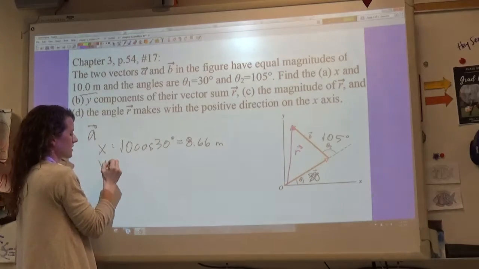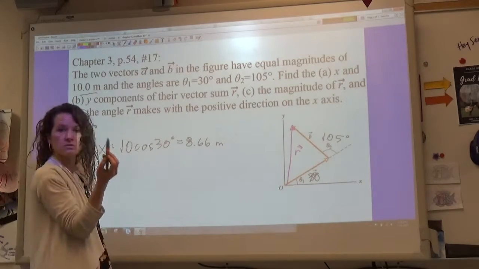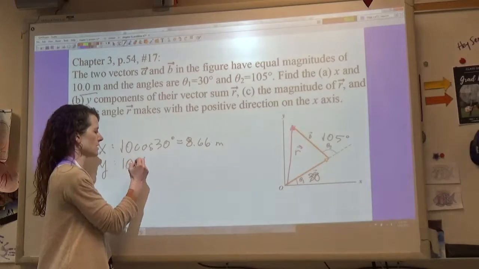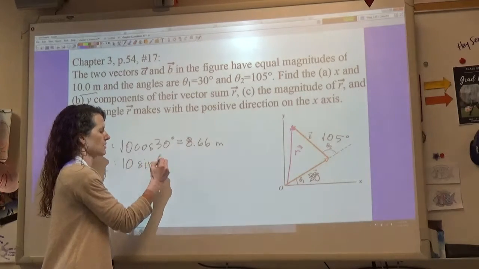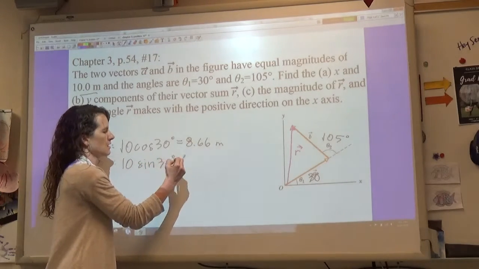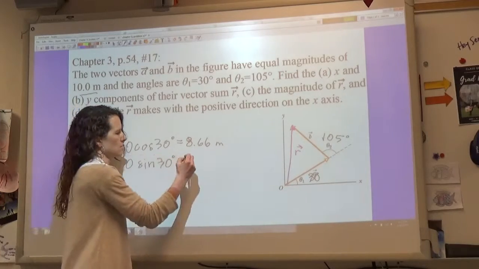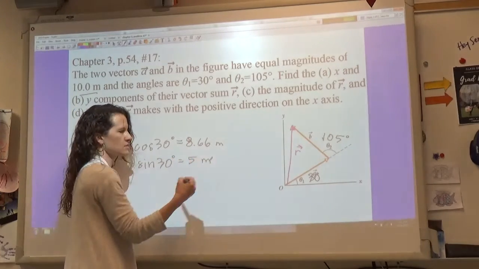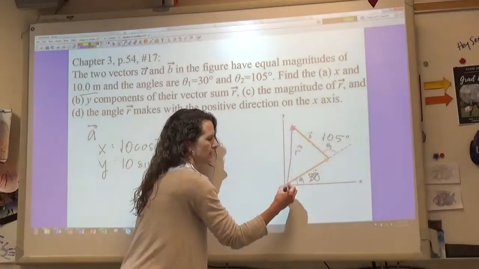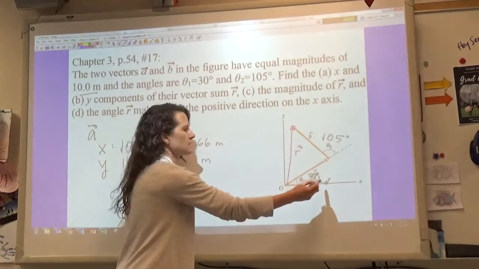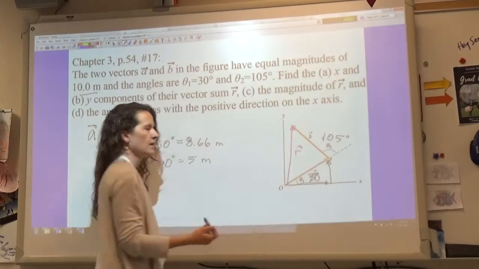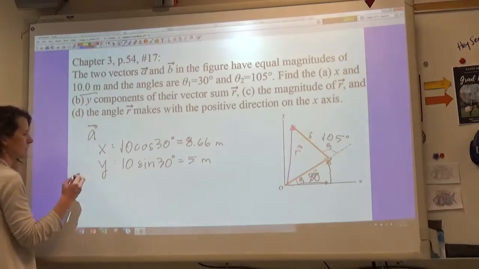And then in the y direction is very similar, but we're going to use sine. So 10 times sine of 30 degrees, and this will equal 5 meters. So this is just breaking this down to the x of 8.66 and the y of 5. And now we need to do the same thing for vector B.